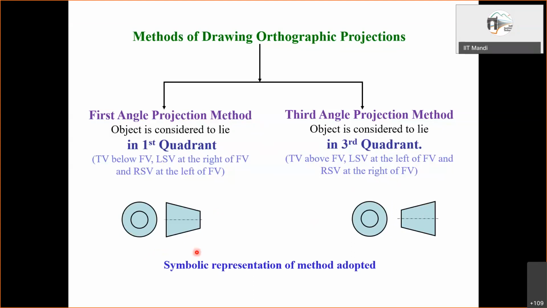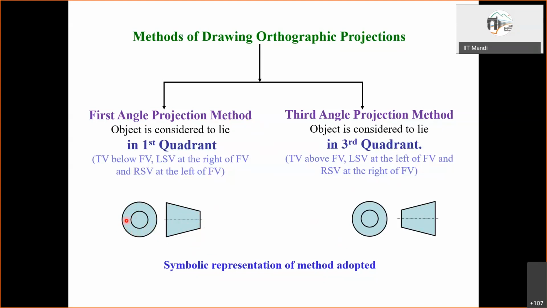The difference, of course, is that the orientation of this frustum is changed here and here, as you can see. If this is the frustum of a cone placed in such a fashion that we are seeing this kind of trapezium here, then the right side view will look like this: one circle corresponding to the base, one circle corresponding to the top.